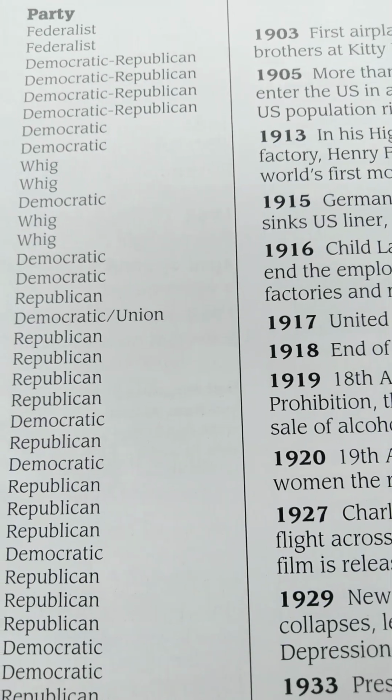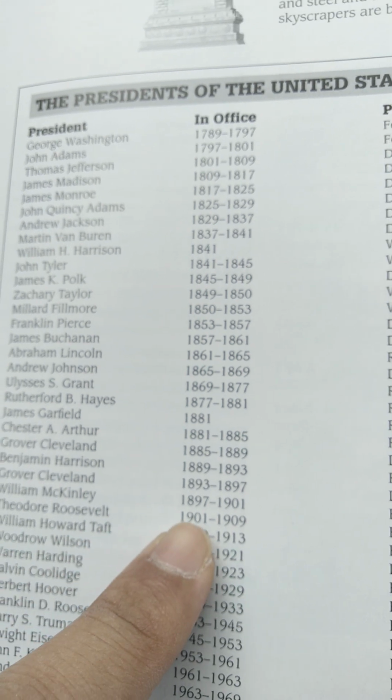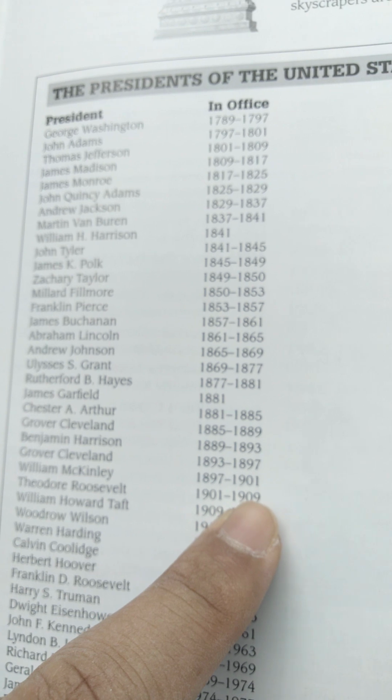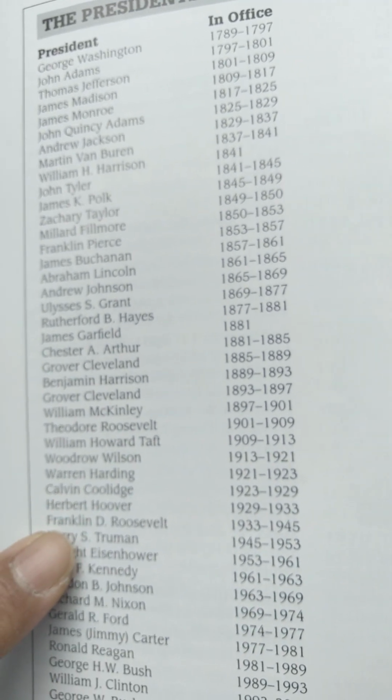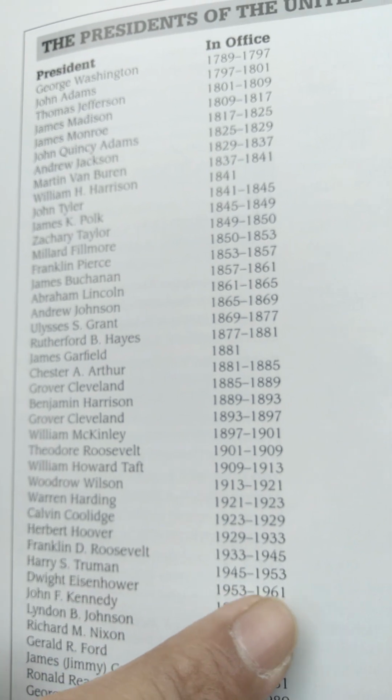Theodore Roosevelt, no, he wasn't the 1950s. He was the early 1900s. So Theodore Roosevelt was 1901 to 1909. The one I was thinking of was Eisenhower, 1953 to 1961. So he was the one.